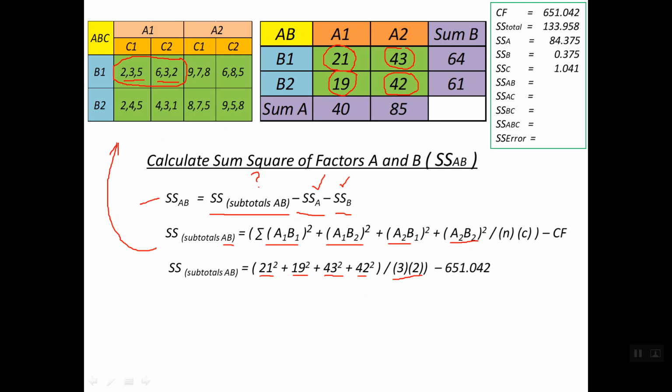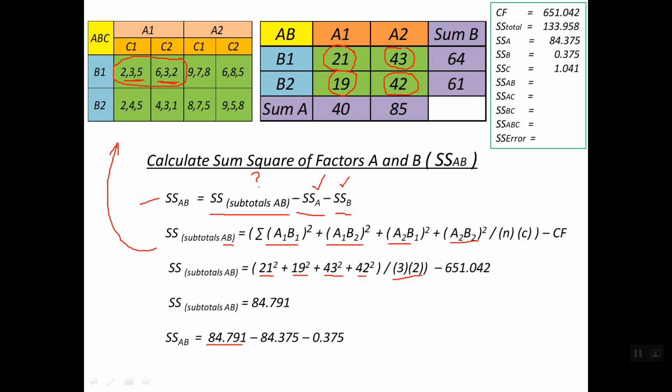Regarding the number of observations inside these 2 groups, we have here 3 in the first group and 3 in the second group, so we have 6. So the value of the SS subtotal AB is 84.791. Now we can return back to the tab formula in order to calculate the SS AB.